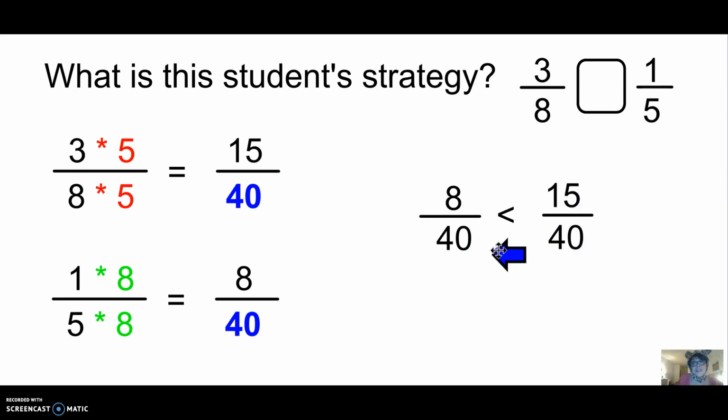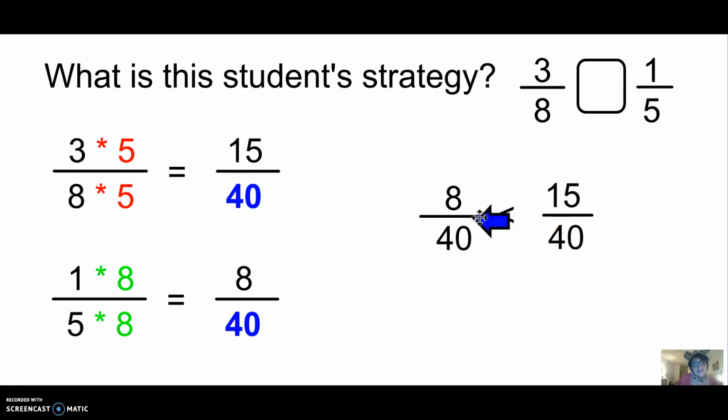15/40? Since our denominators are the same, our whole is broken into the same number of equal parts. So if I have 15 of those equal parts compared with 8 of those equal parts, I know that 15 of my 40ths is going to be the bigger fraction. So 8/40 is less than 15/40.